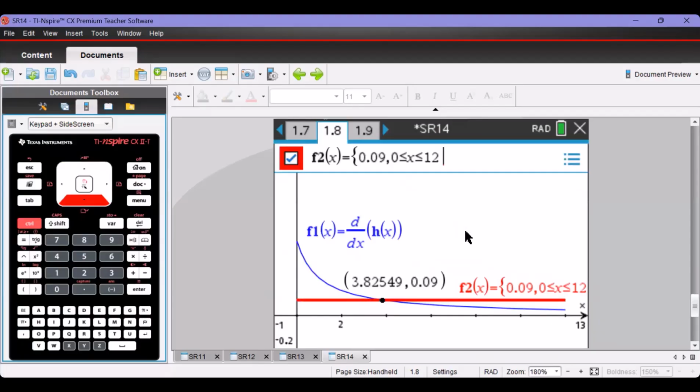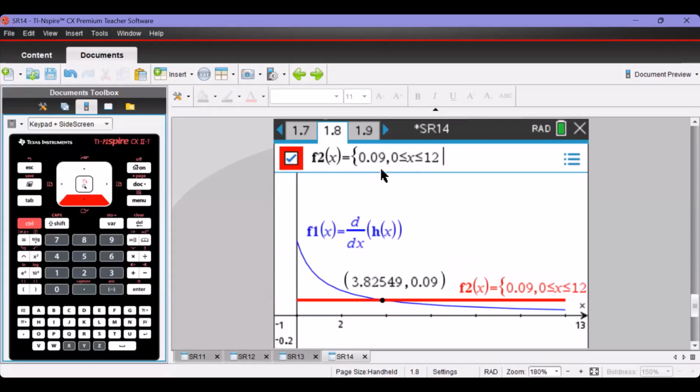And just for completeness, I've added the domain constraint there, that t, which on the graphs page is represented by x, lies between 0 and 12.